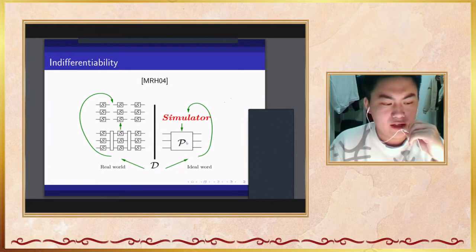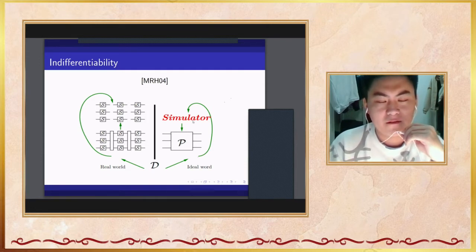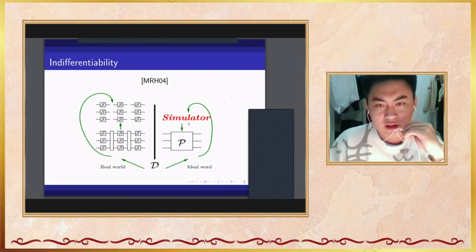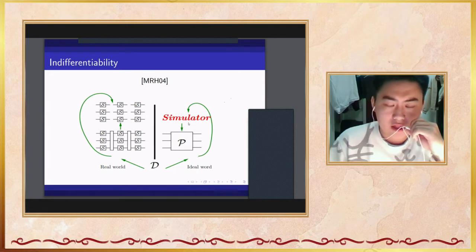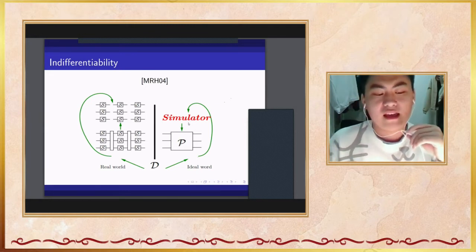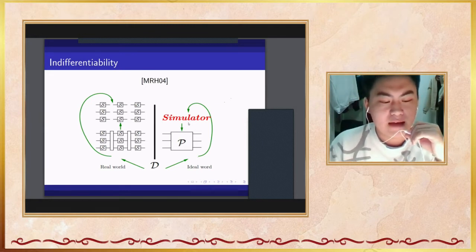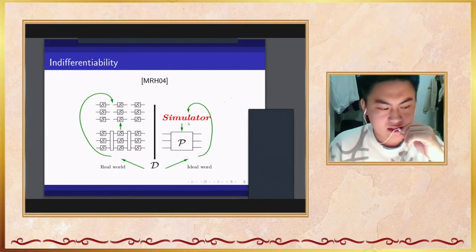In the ideal world, the CDN construction is replaced by a giant random permutation, and to have the same interface as the real world, we need to use a simulator. The simulator has oracle access to the random permutation, and it has to make up answers to look consistent with the permutation.